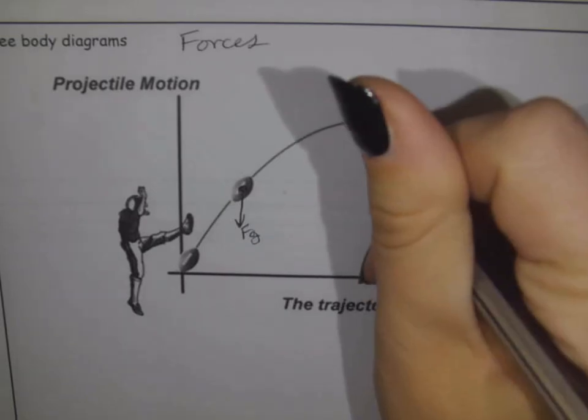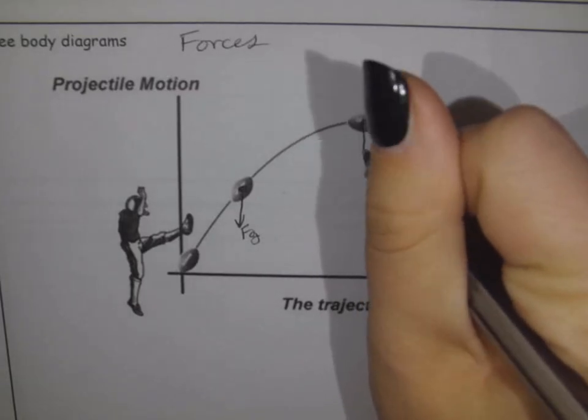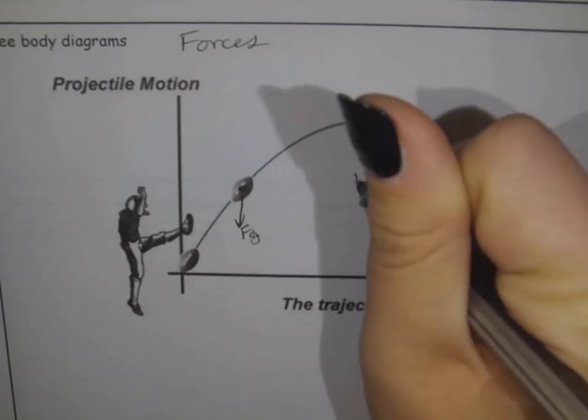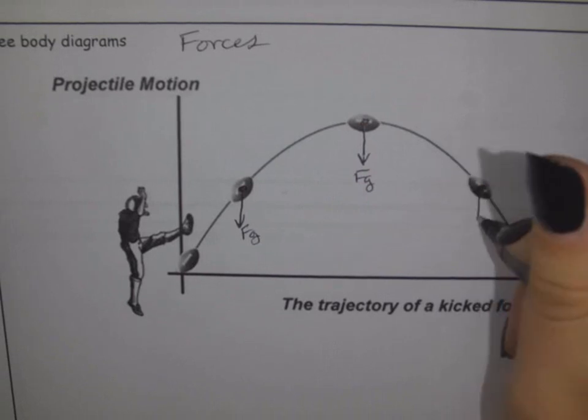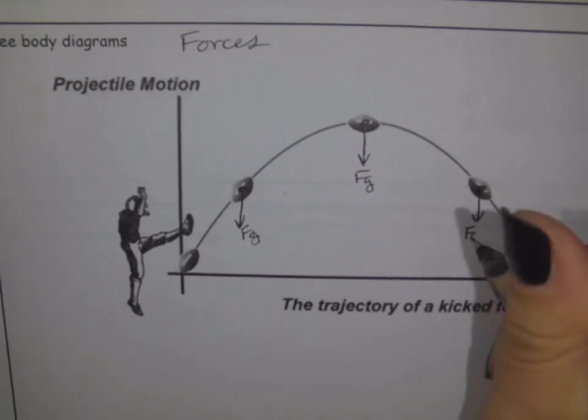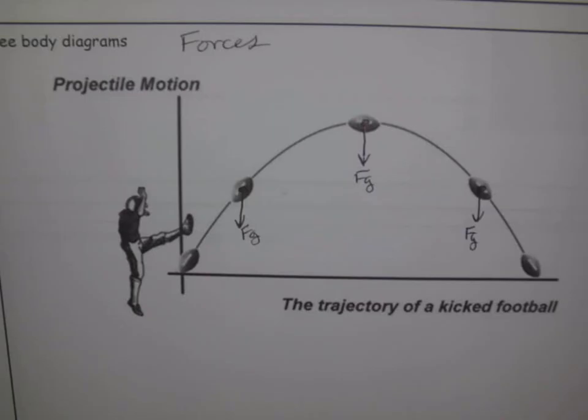The free body diagram of this projectile while it's in motion is exactly the same. It does not change as far as forces go. The only force acting on this object the entire time that it's flying through the air, neglecting air resistance, is gravity. And that's it.